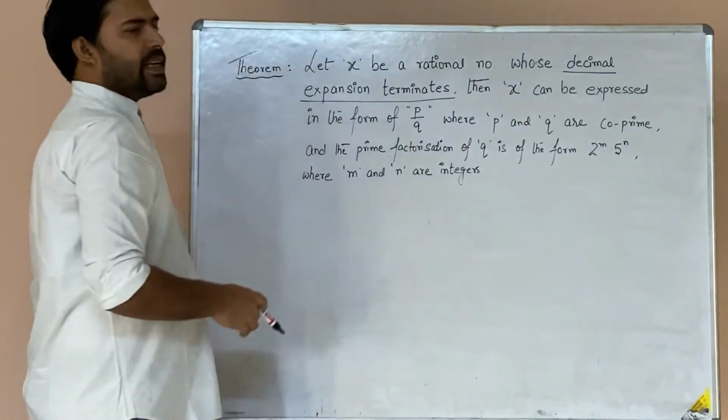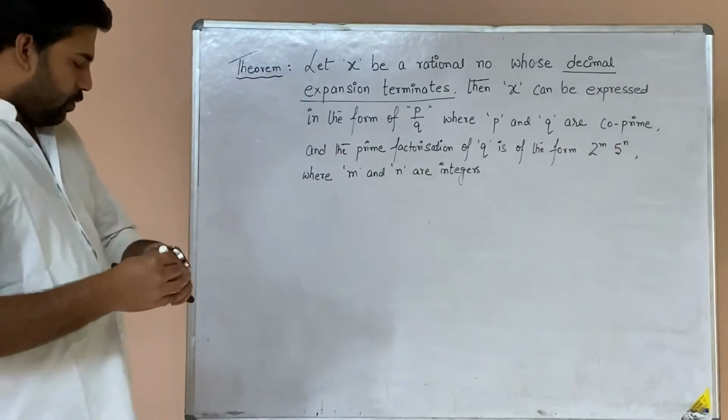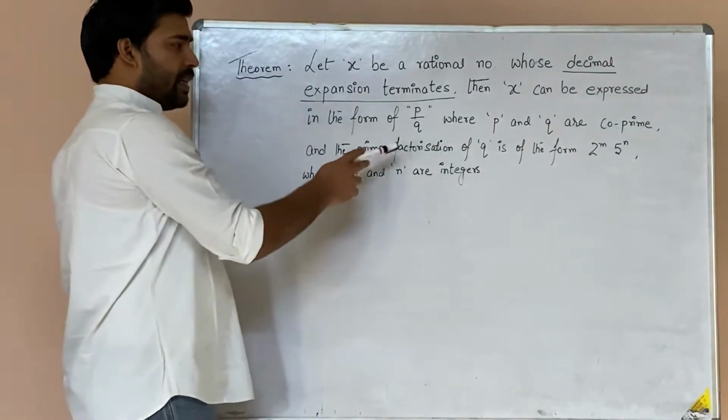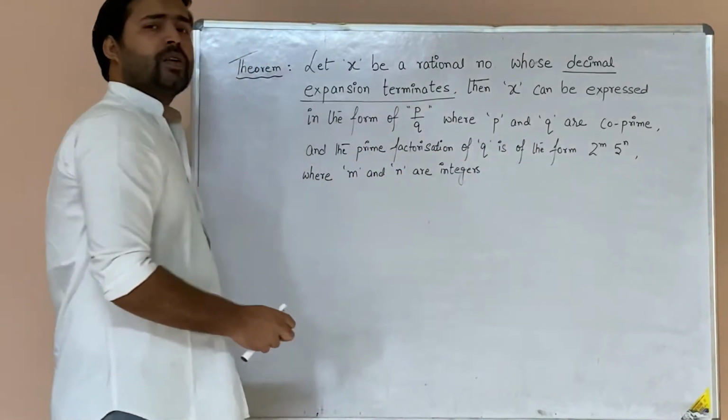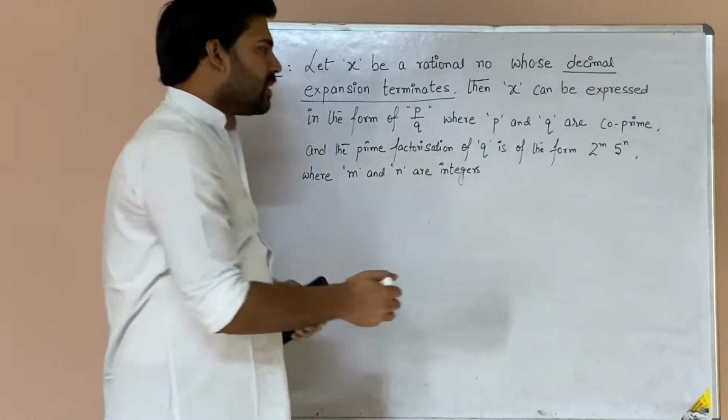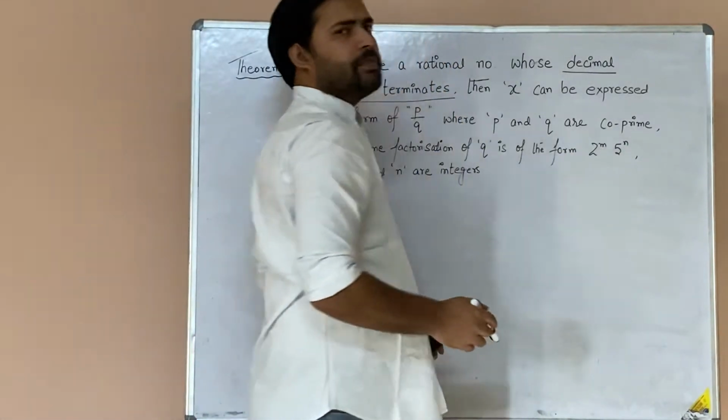this is the criteria: if you need to have a terminating decimal expansion, then the denominator must be of the form 2 to the power m into 5 to the power n. What does this 2 to the power m, 5 to the power n mean?